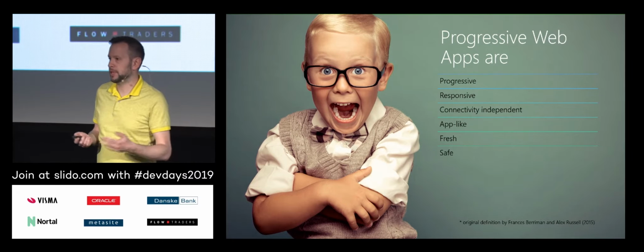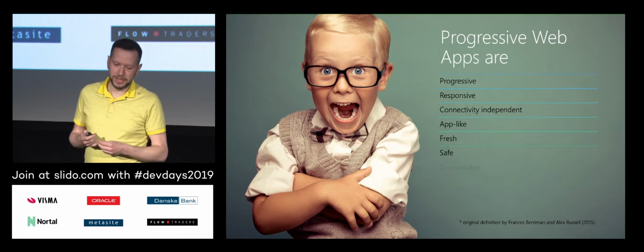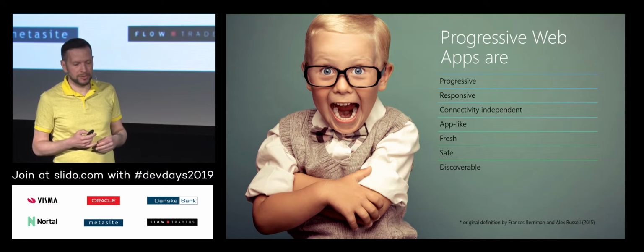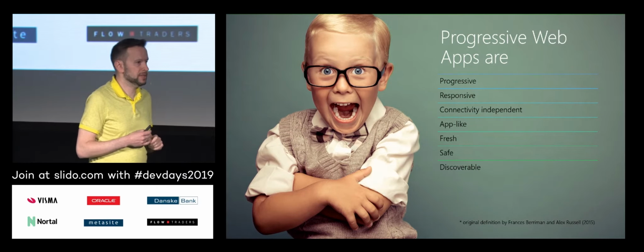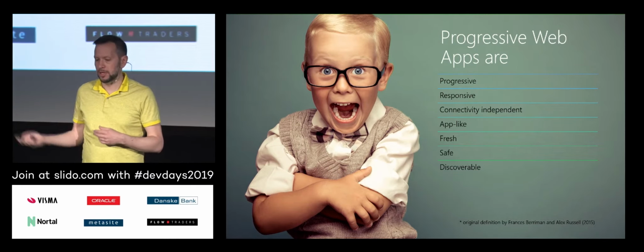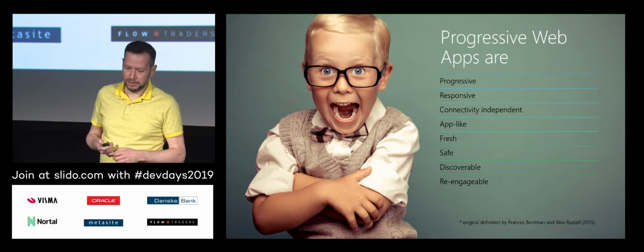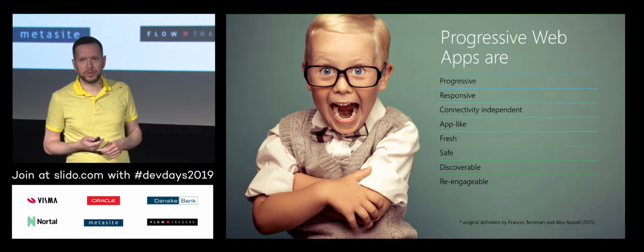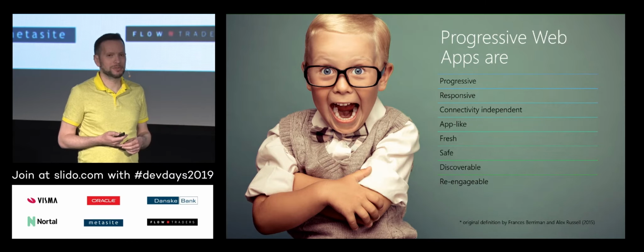They are safe: progressive web apps have to be delivered through HTTPS. They're discoverable via the W3C web app manifest that you have to have in your web app for it to be discoverable by search engines and various robots and other things on the internet. They are re-engageable via things we all love, which are push notifications.